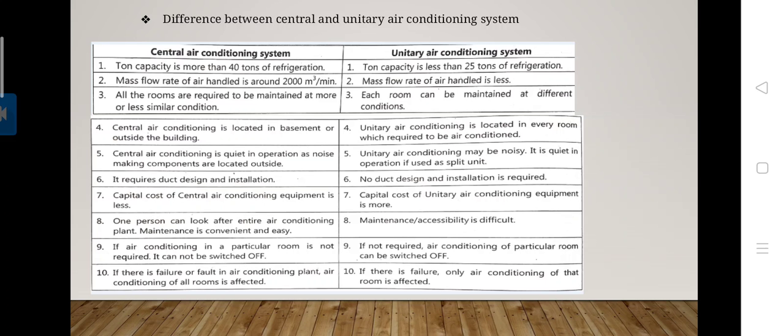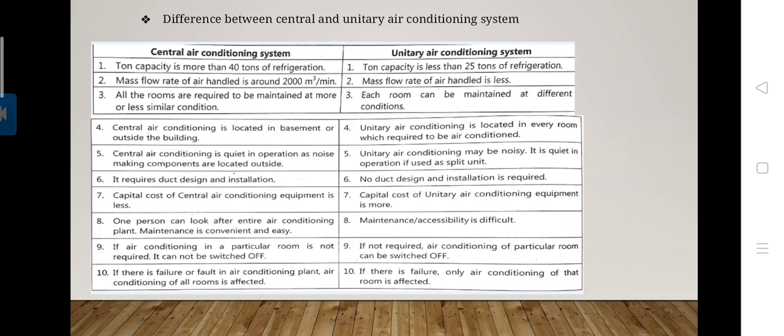Next is the difference between central and unitary air conditioning systems. In a central air conditioning system, the capacity is more than 40 tons of refrigeration, and in unitary it is 25 tons of refrigeration. The flow rate of air handled is around 2000 cubic meters per minute in central air conditioning, and it is less in unitary. In central, all rooms are maintained at more or less similar conditions, while in unitary each room can be maintained at different conditions.